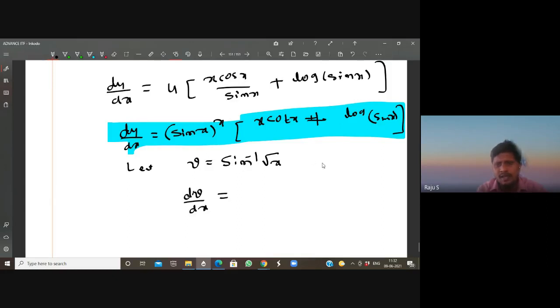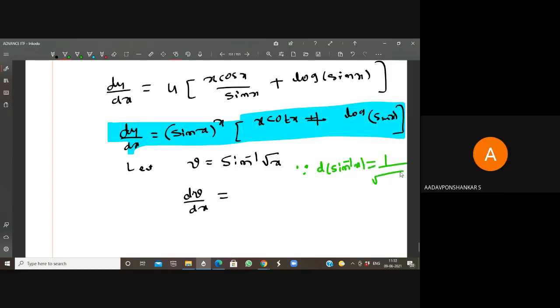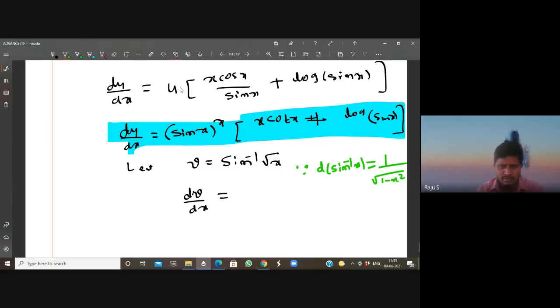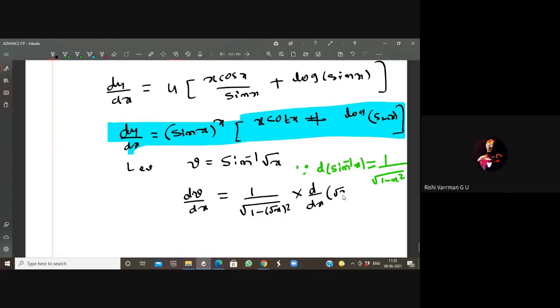Since we know the formula, the derivative of sine inverse x is 1 by root of 1 minus x square. But in place of x here we are having root x, so 1 by square root of 1 minus root x the whole square, into the derivative by chain rule of root x.